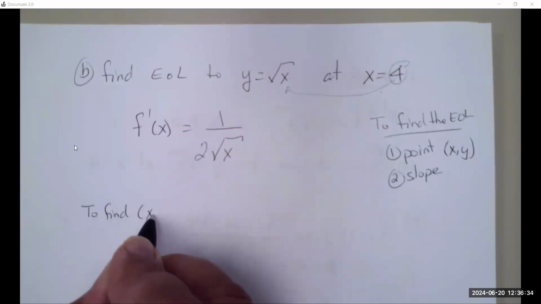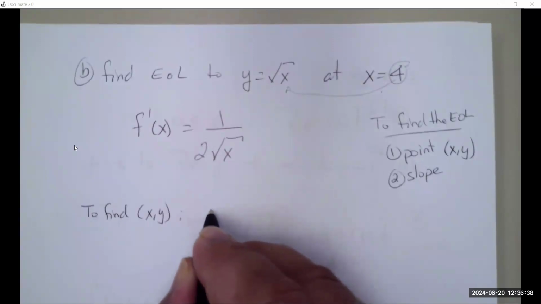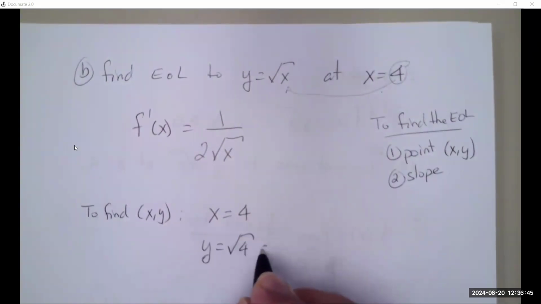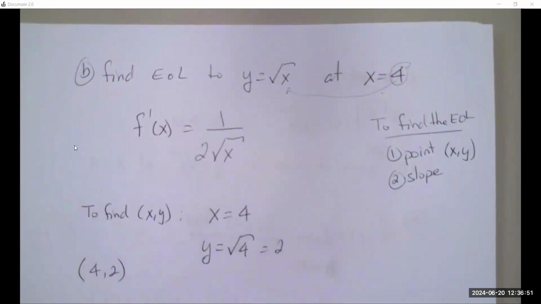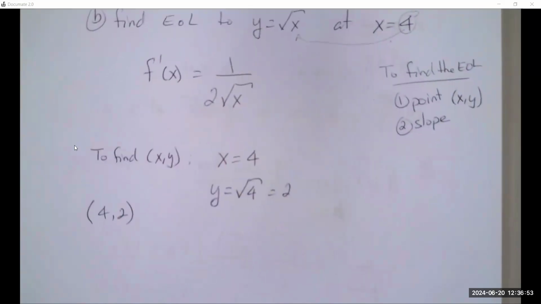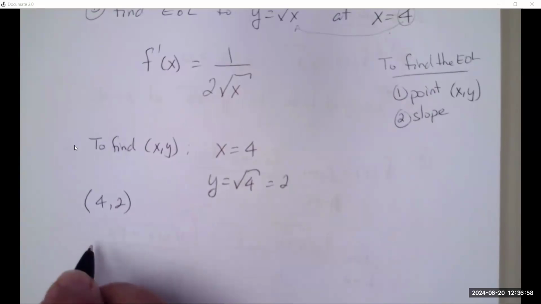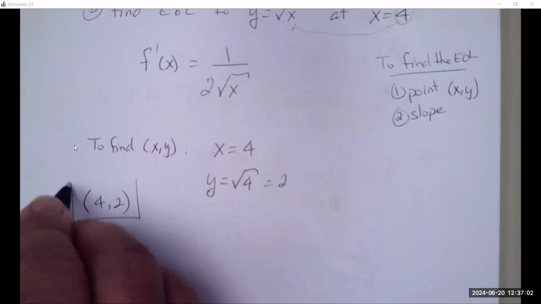To find the point x, y, it's the square root of 4, which is 2. So the point we're dealing with is (4, 2). So that's what we're going to use for the point.